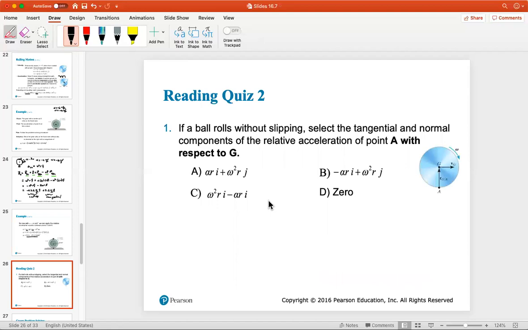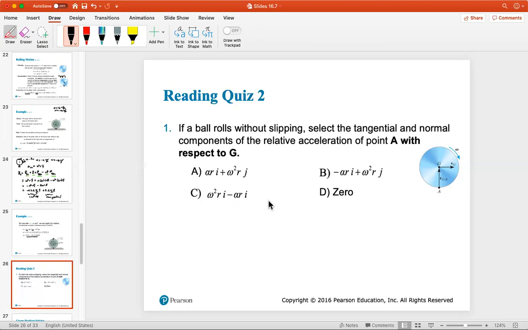All right, here is your reading quiz. So I'm going to start our discussion with this. Ball rolls without slipping. Select the tangential and normal components of the relative acceleration at point A with respect to G. Think about how you would do that.